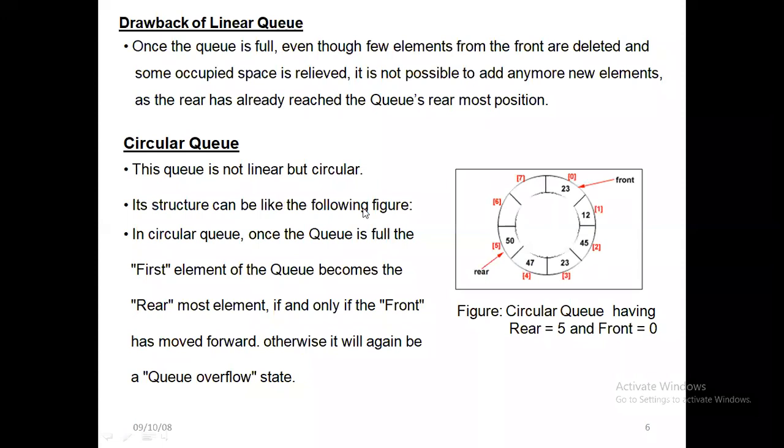So you can see here the circular queue. This queue is not linear but circular, as you will see once you study the definition. Its structure can be like the following.